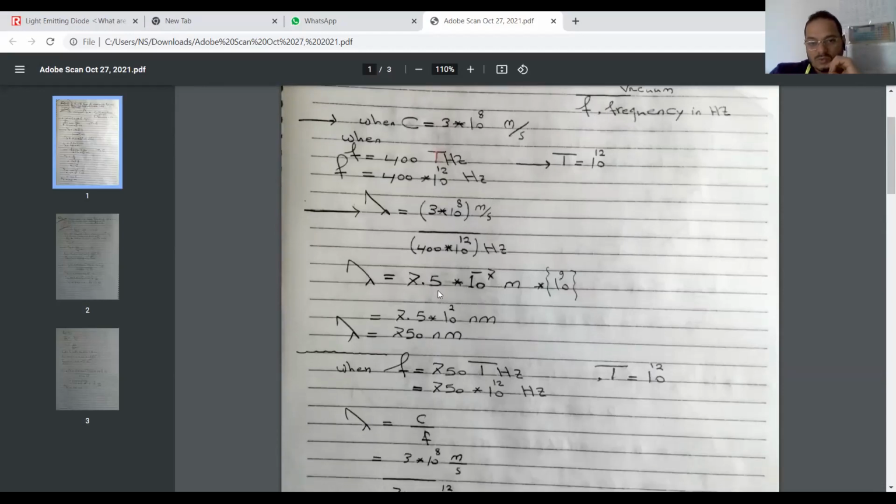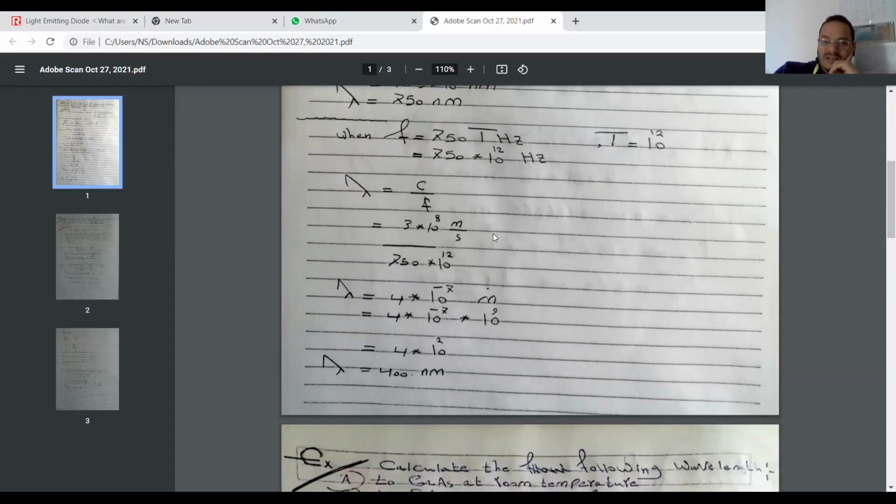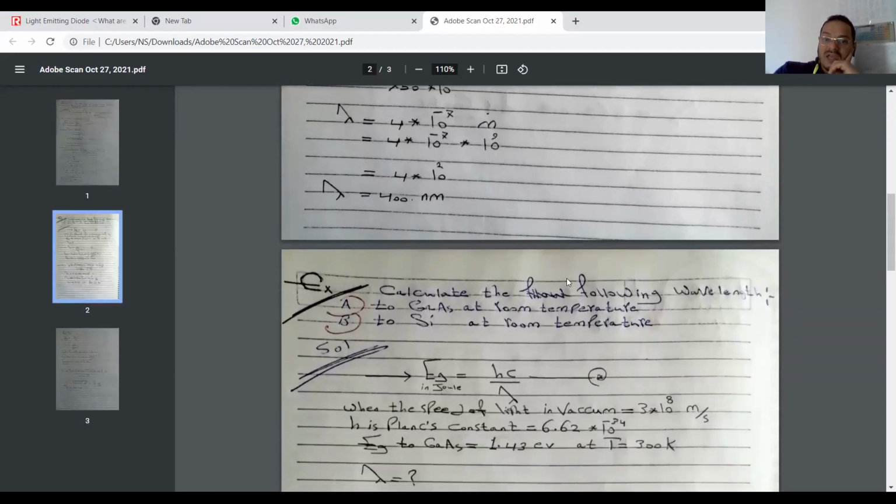Our result will be 7.5 times 10^-7 meter. To convert it to nanometer, it will be 750 nanometer at frequency equal to 750 terahertz. The last result will be lambda equal to 400 nanometer.